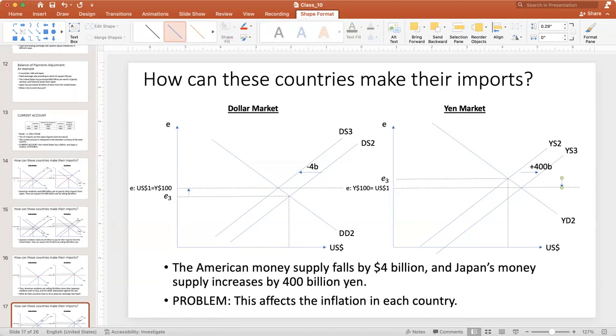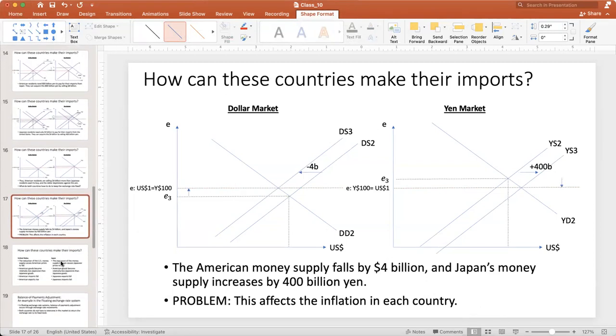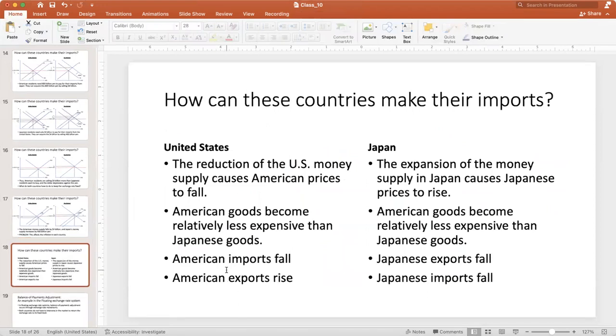system. But the problem here, as you can see, is that this intervention affects the inflation in each country. Why? Because at the end, in the United States, for instance, they had to reduce the money supply.